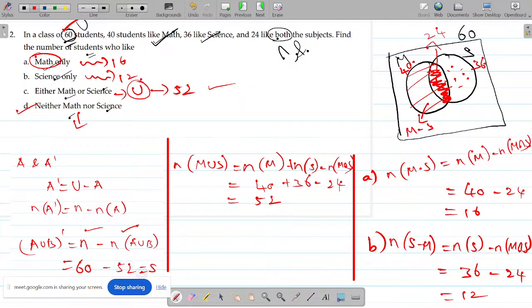So this is 8, the part falling outside A and B. Again, this detailed working is not necessary, but we need to know what is happening here. Here we are taking n of s minus n of m intersection s, so you need to know all these. If you want to make a note of anything, yes, please do. If you're okay with the concept, you need not worry. If you feel this one has to be noted now, just do it.